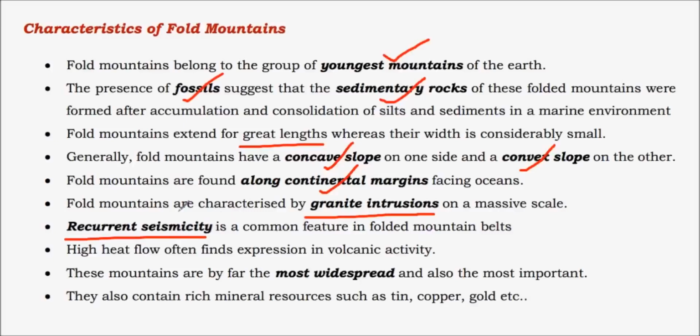For example, the Indo-Nepal border is one example where earthquakes have been very frequent, and sometimes there might be volcanic activity too. In Himalayas, volcanic activity is very rare, but in Andes and various other fold mountains, volcanic activity is widespread, and these mountains are the most widespread mountain systems on Earth. They might even contain mineral resources such as tin, copper, gold, etc.